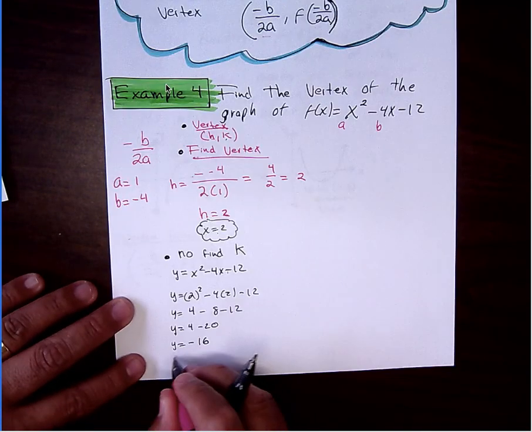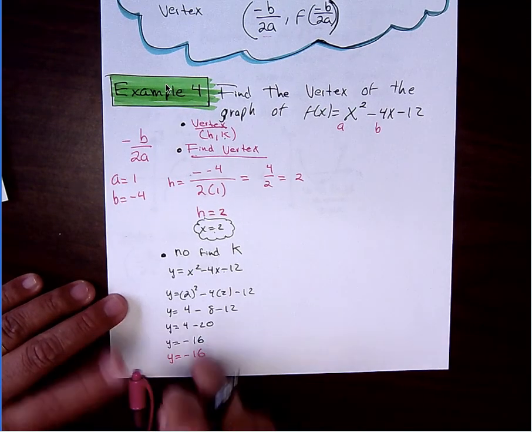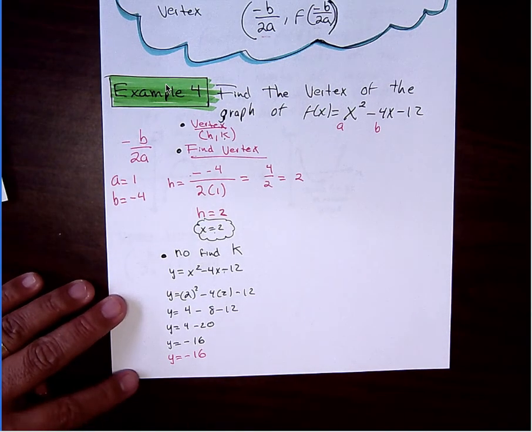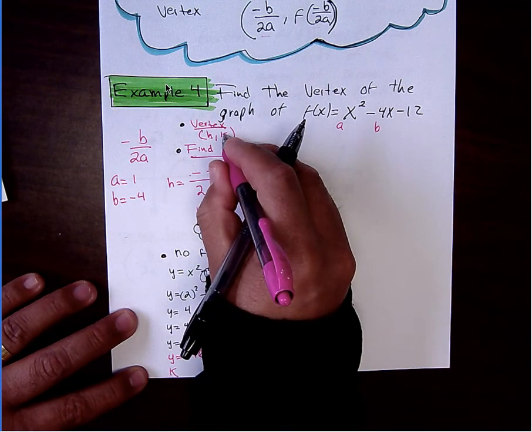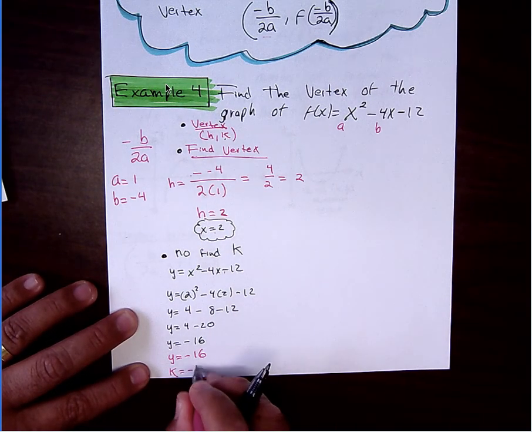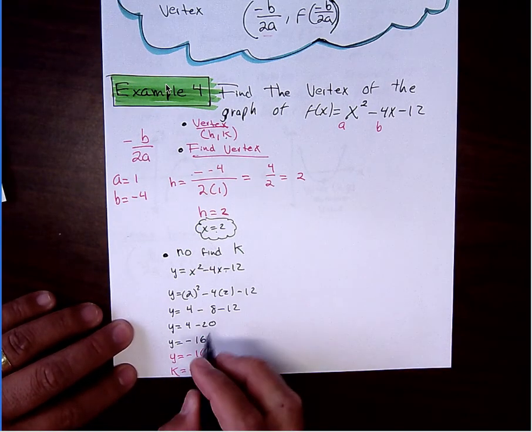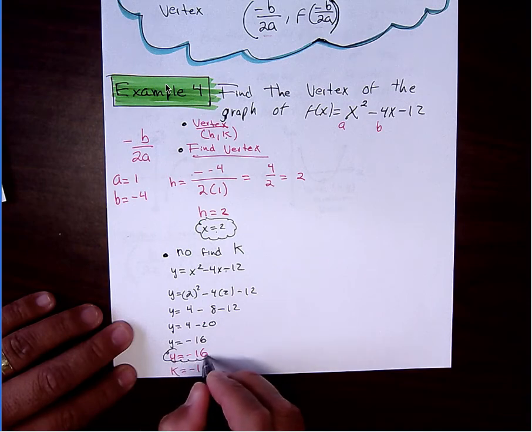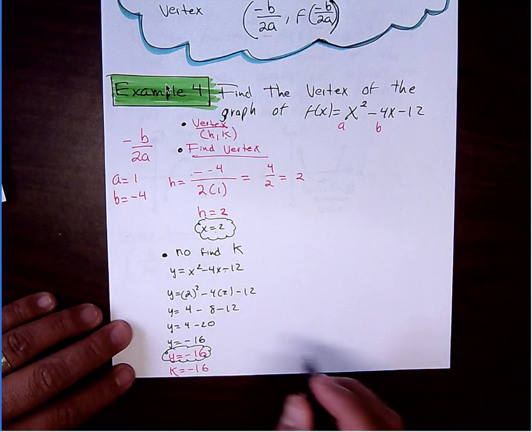So again, let me put it: y equals -16. So now we have the h and we have the y, which is k, because this is the y value. K equals -16. And we put it in the cloud. So y equals that, which is actually the k. So now we have both.